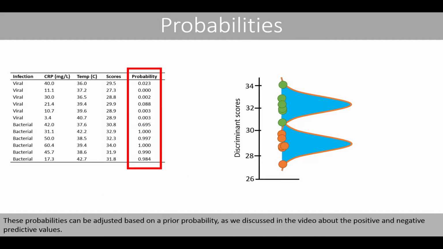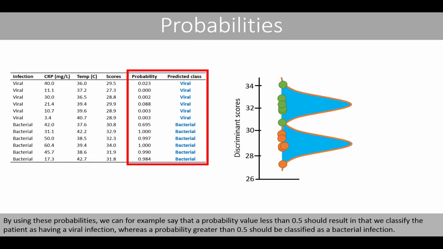These probabilities can be adjusted based on the prior probability, as we discussed in the video about the positive and negative predictive values. For example, if viral infections are more common than bacterial infections, these probabilities can be adjusted based on such prior knowledge.